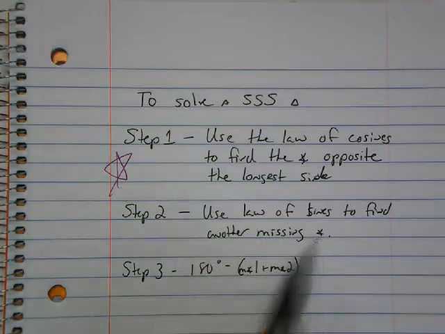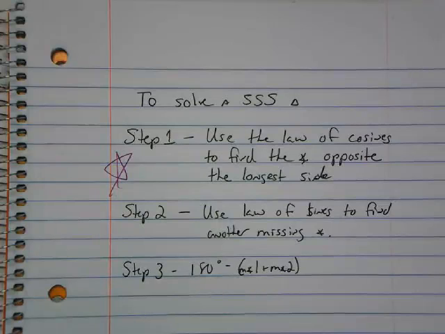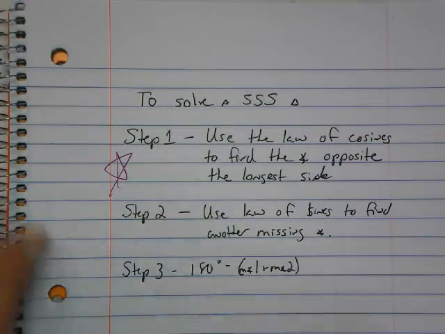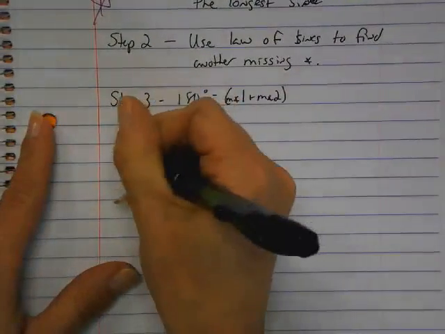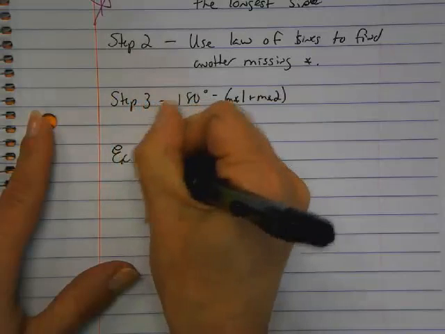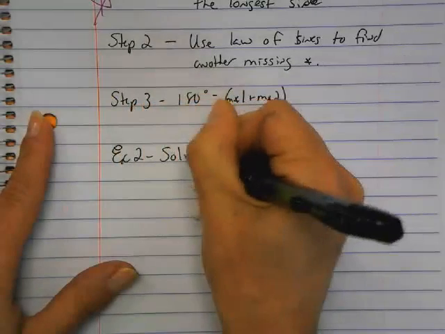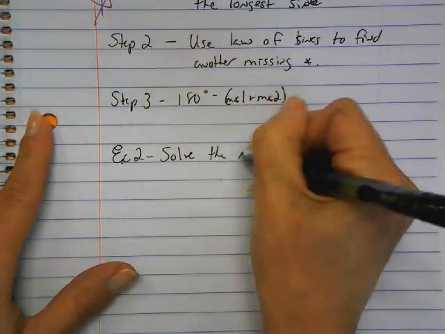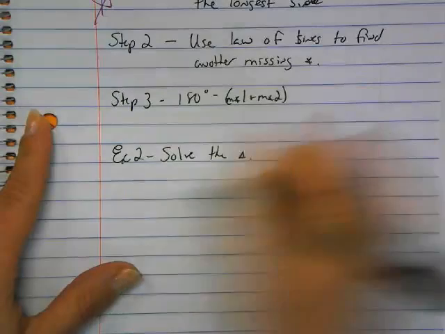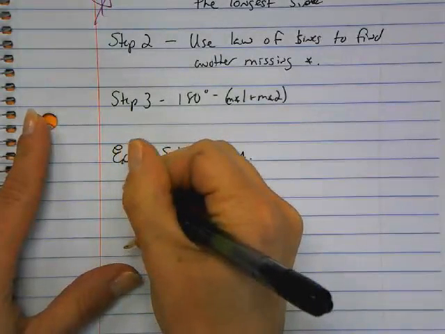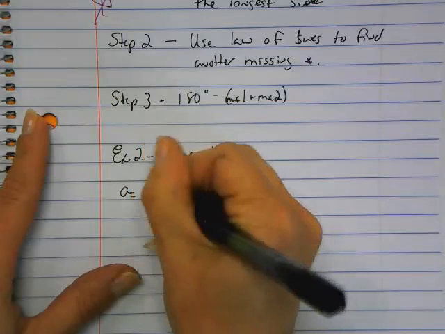So again, you can draw any old picture you want. Label that triangle in any order you want. Now let's fill in what we know. Little a is opposite angle A, so let's put an 8 there. Little b is opposite angle B. There's a 10. And little c is here.